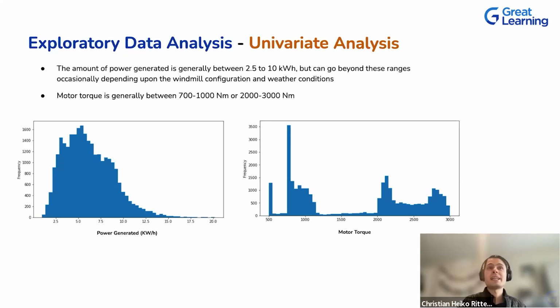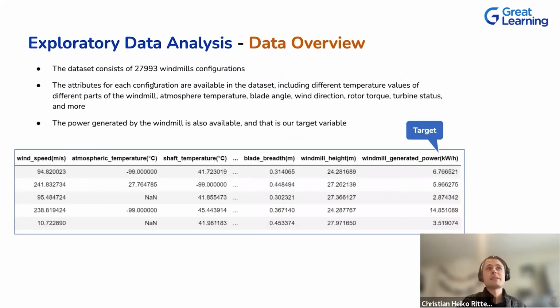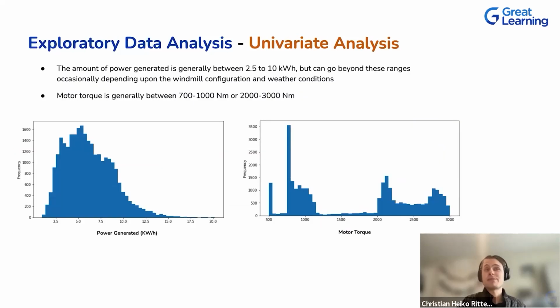I also want to highlight that the data we collected here, those 27,000 windmill configurations, comes from different times, and as such there might be changes to the wind turbine over time. That's called data drift. It's a natural occurrence with all data, and machine learning algorithms are very sensitive to it.